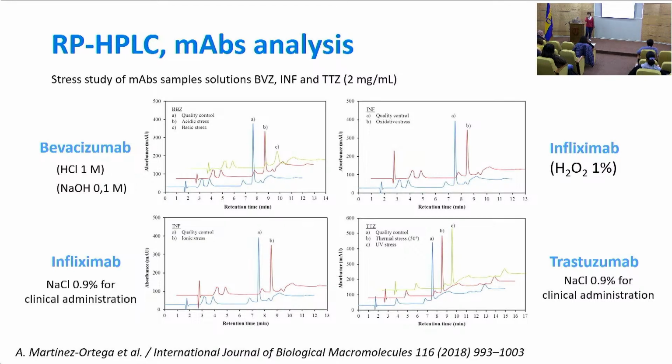But usually, for the MABs administered subcutaneously, the concentration is very high, which can also be a problem, and also a lot of constraints. But anyway, it depends on the MABs, because some MABs, such as infliximab here, are really prone to aggregate.